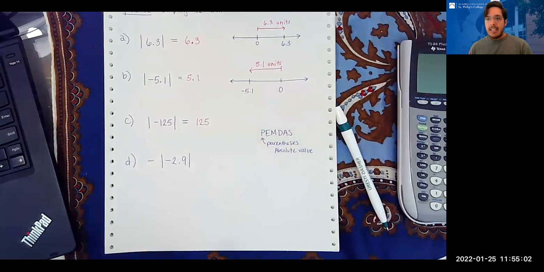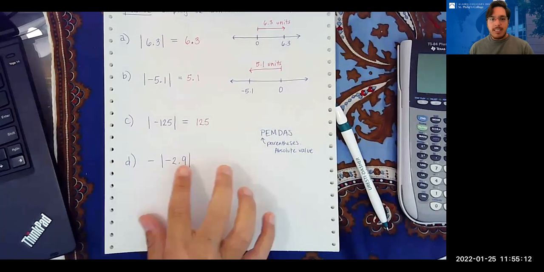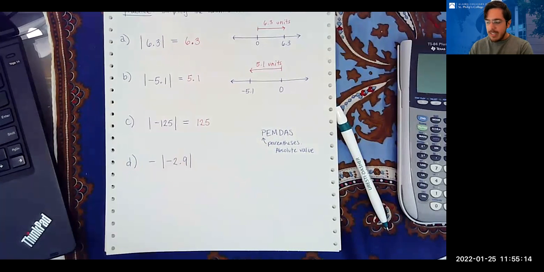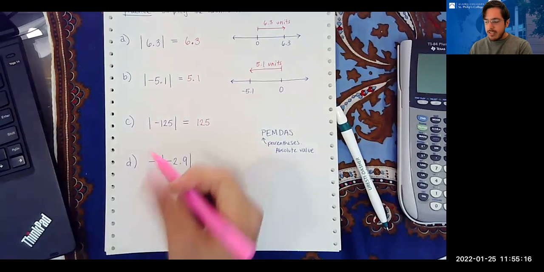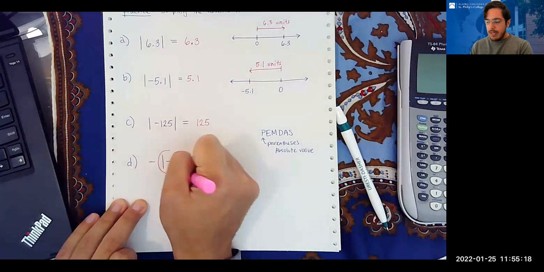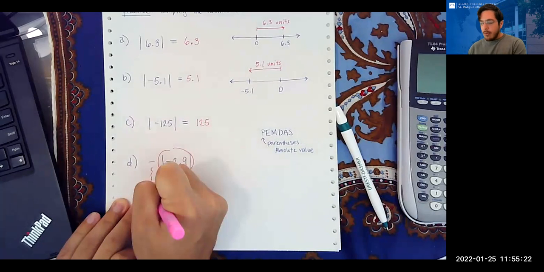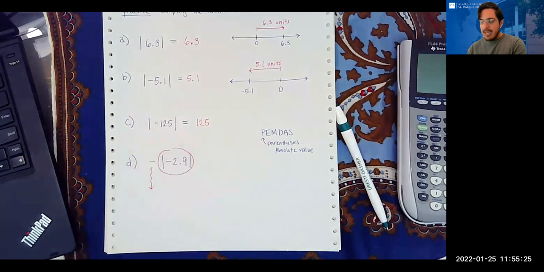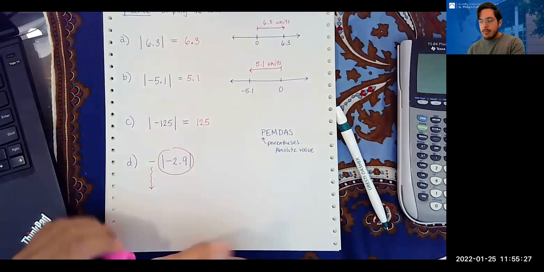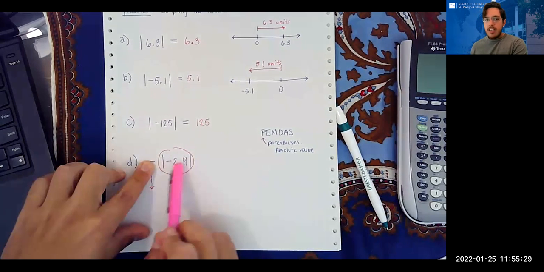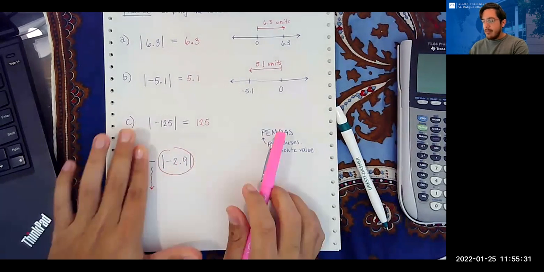Yeah, and we'll get to that in a later section and really double down on PEMDAS and clarify it, hopefully. But for now, we need to treat absolute value sort of like parentheses, and we'll start by evaluating the absolute value first, and then worry about this negative sign on the outside later. So for a problem where we have negative absolute value of a negative number, just cover that outside negative sign up.